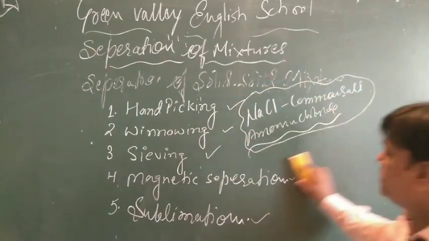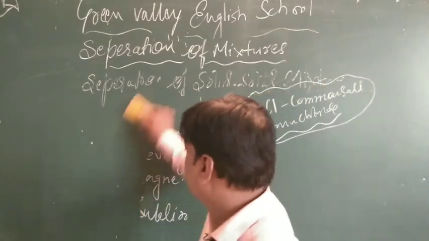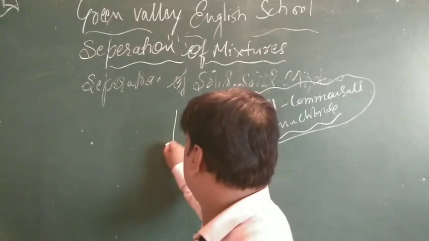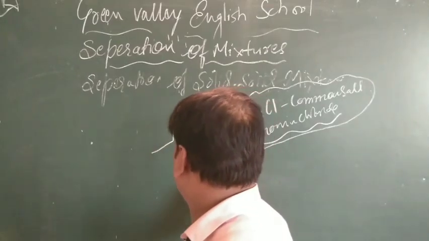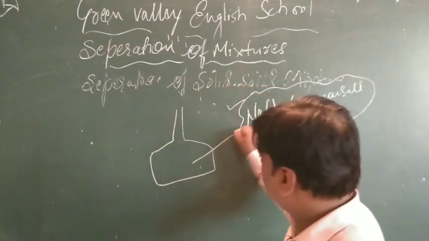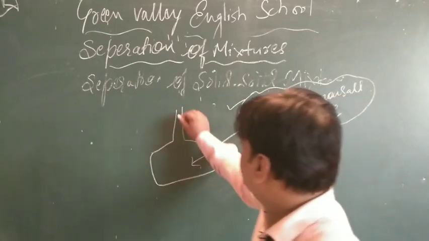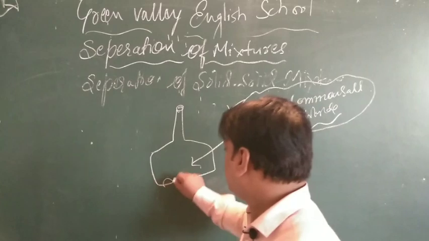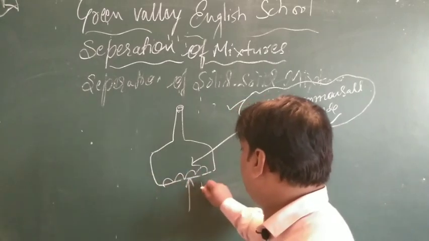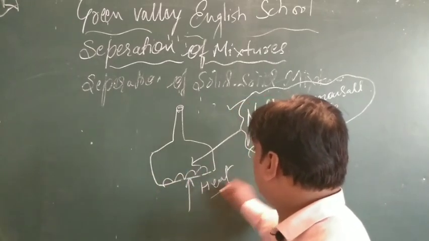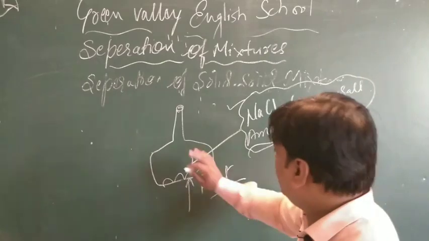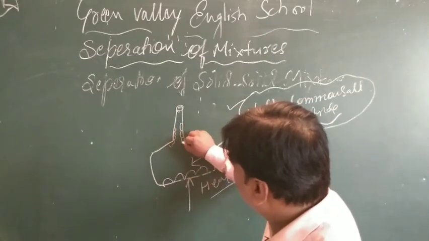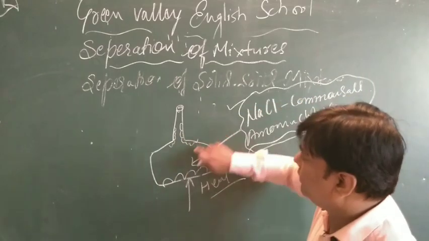For this purpose we need some setup. Take this mixture in a vessel and close it. When we apply heat, ammonium chloride molecules get sublimated and stick here.